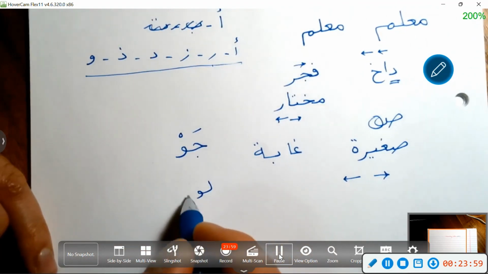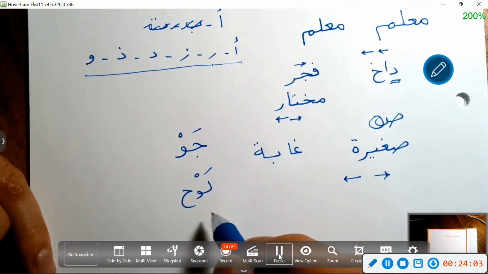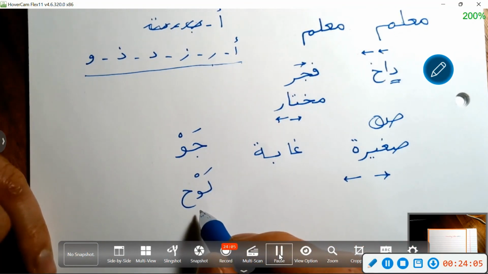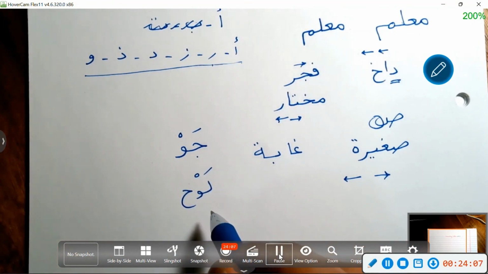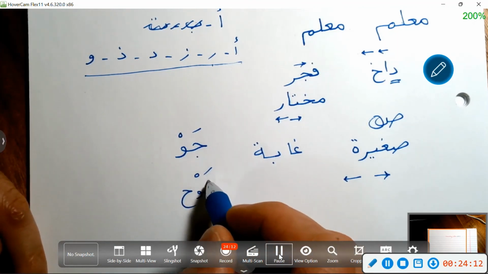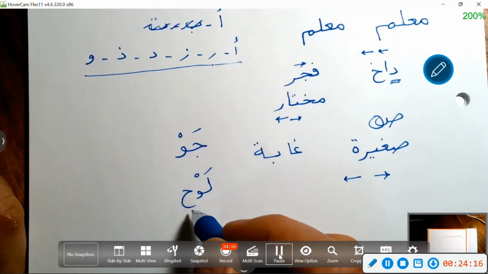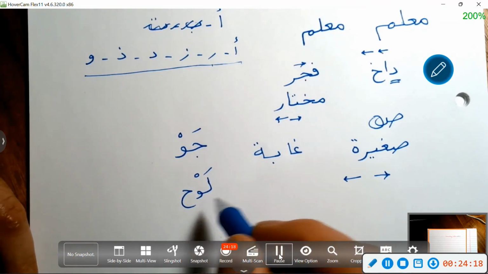Same thing. Lawh. Now, in spoken Arabic, we read it as loh, but in formal Arabic, we read it as lawh. There is fatha on lam. So when we speak Arabic, you may hear it loh, that's fine. But in the formal Arabic, it's pronounced lawh.